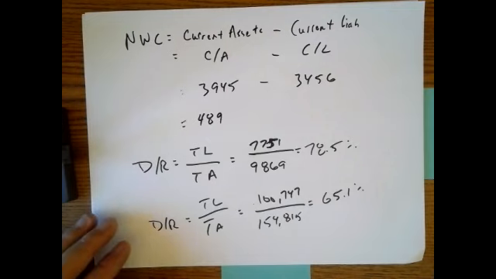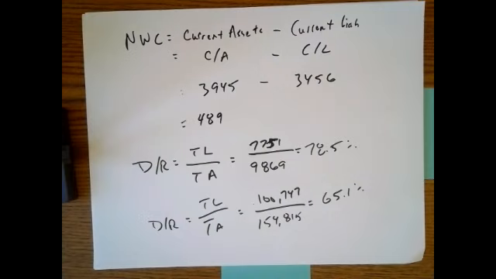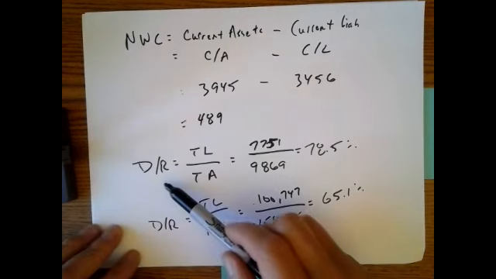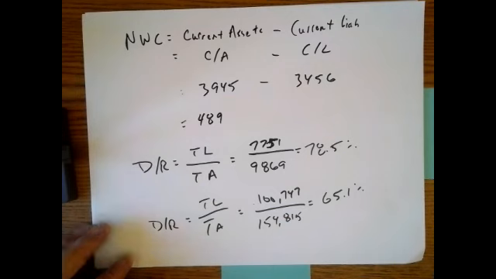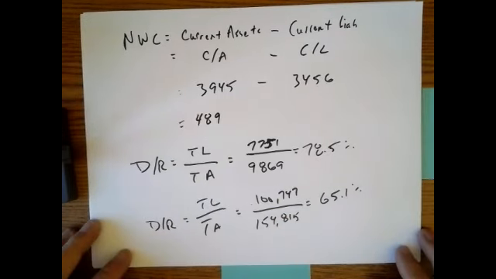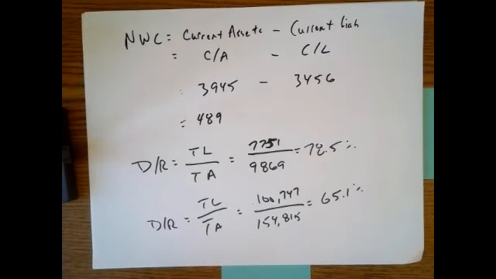As I said in one of the prior problems, when you start working with ratios like the debt ratio, you have to know something about the firm. You have to know what kind of business the firm is in to know whether the debt ratio is appropriate or not.